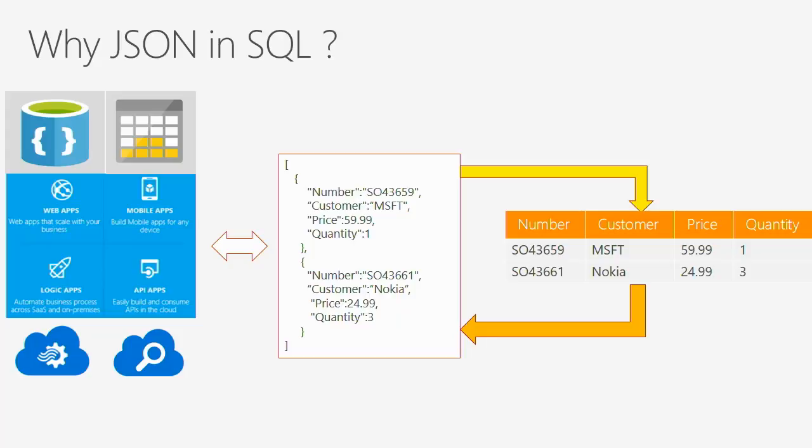So the idea is we've got JSON and we want to be able to pull it in and do some work with it, and possibly write stuff out of our config tables that we've got stored in SQL, because you always use SQL to manage your persistent metadata. You don't keep it in JSON files. And talk to various applications and web services and all those other things that know and love JSON.